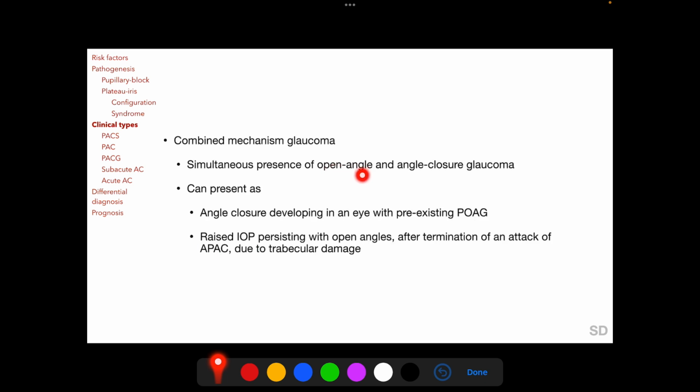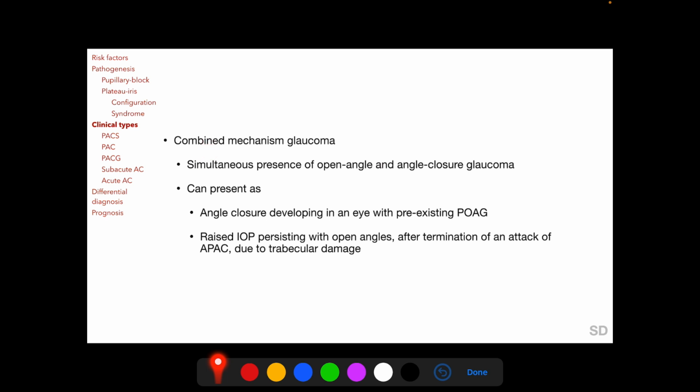When open angle mechanisms and angle closure mechanisms contribute to glaucoma simultaneously in an eye, it is said to be combined mechanism glaucoma. Angle closure mechanism implies obstruction of the access of aqueous to the trabecular meshwork by the peripheral iris, and open angle mechanism implies impaired outflow facility through the trabecular meshwork itself.